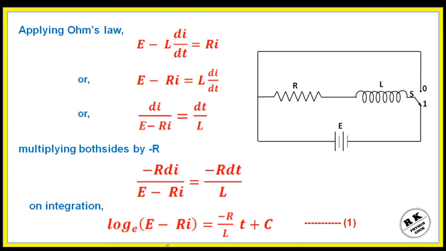Let us assume that this is equation number 1. Our next step will be to find this integration constant value. For that, we take the initial condition. What is the initial condition?